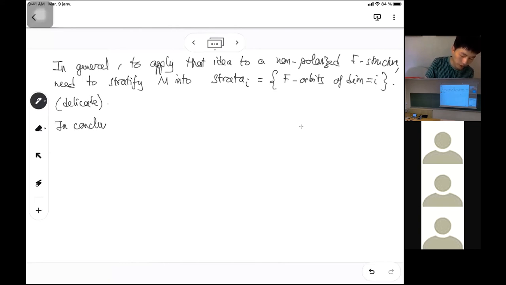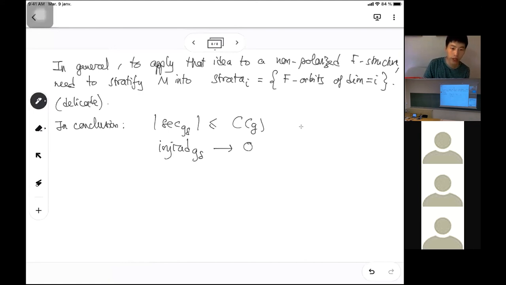And to conclude, all right, we have that the sectional curvature is upper bounded, and it's upper bounded again by a constant that depends only on the metric you started with. Moreover, the injectivity radius goes to 0, and we need to be careful because the volume has no reason to go to 0.